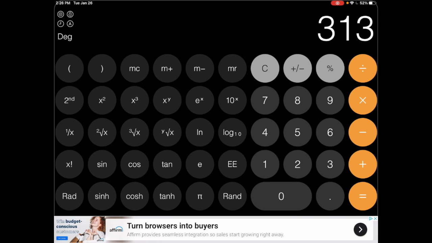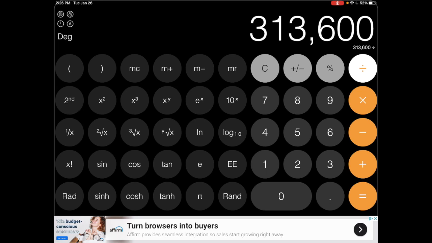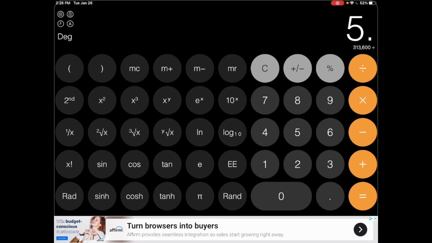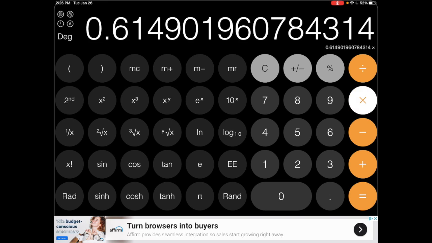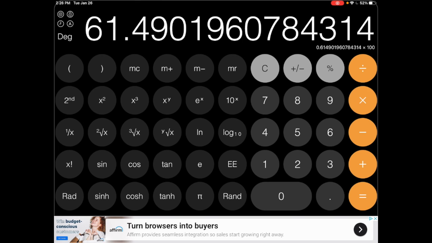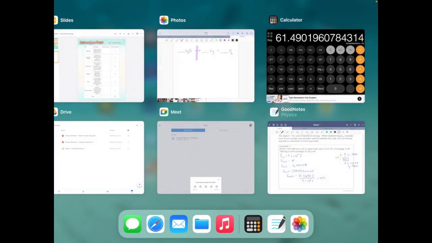So we have 313,600 divided by 5.1 times 10, and you can hit the EE button, to the 5th power, okay, and then times 100, and I get 61.5%.